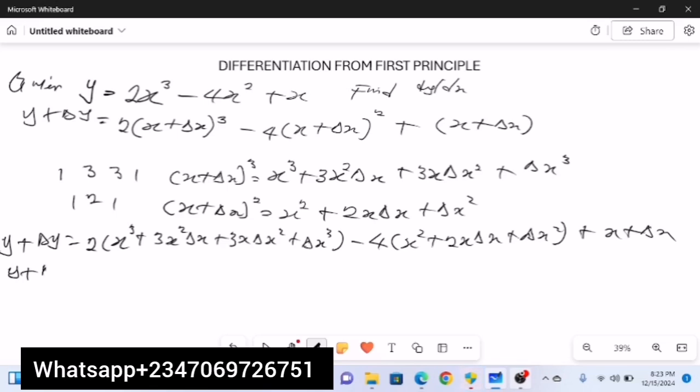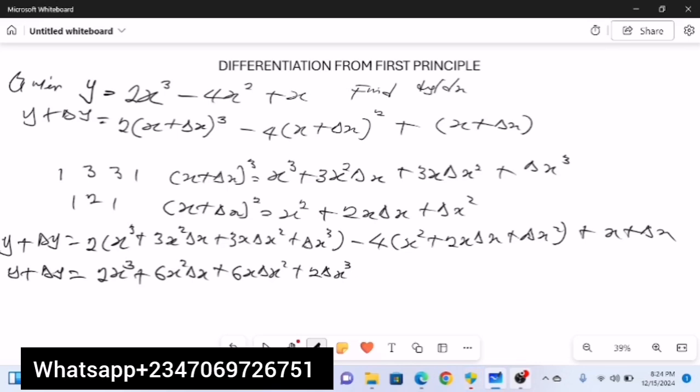So y plus change in y is going to be equal to, so let's simply expand these brackets at this point. So using 2 to expand this bracket, I will have 2x to the power of 3 plus 2 times 3 here gives me 6x squared change in x, plus 2 times 3 once more gives me 6x change in x squared, plus 2 times change in x cubed gives me 2 change in x cubed.